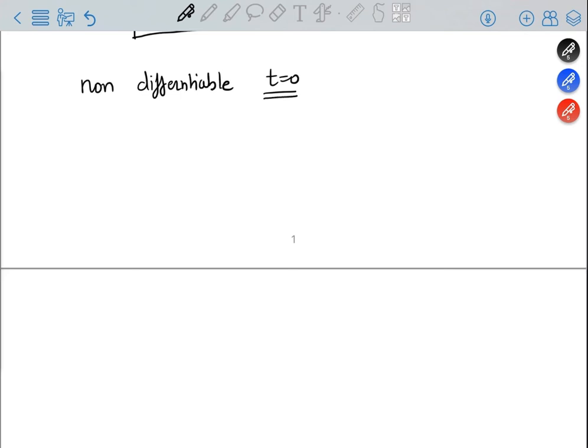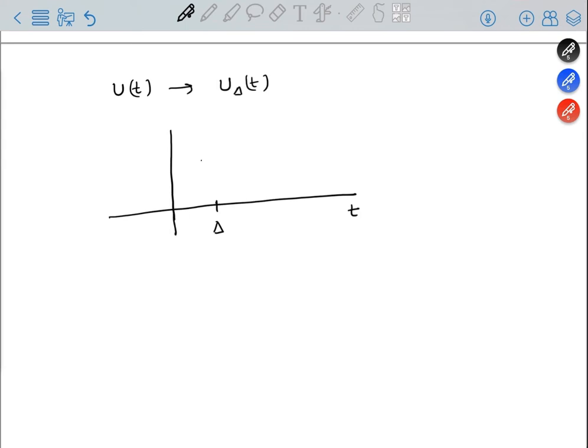So how can we interpret this function? We have to make certain assumptions to interpret this equation. We will assume that our u(t) is approximated as u_delta(t). Here u_delta(t) has a different representation, so I'll show you by a graph. This is our time axis and this is our delta.